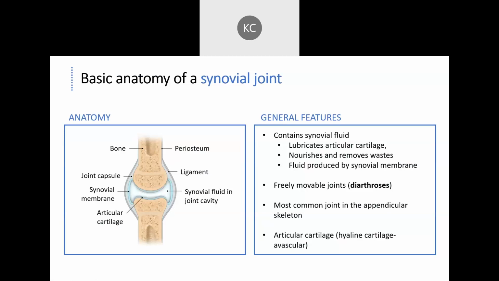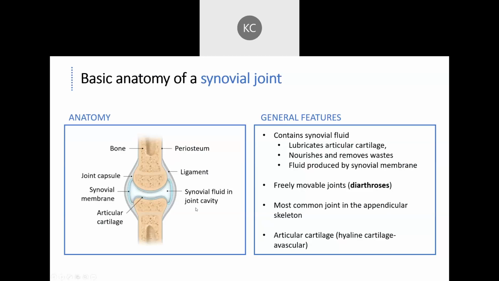And the synovial membrane is a synovial fluid secreting structure. It's lined with an epithelium, a tissue that secretes synovial fluid into what's called a synovial cavity. So here's the synovial cavity or the joint cavity. In this, you would have synovial fluid, and the synovial fluid is coming from the synovial membrane.